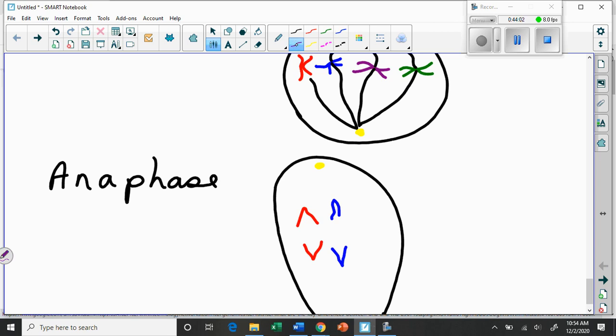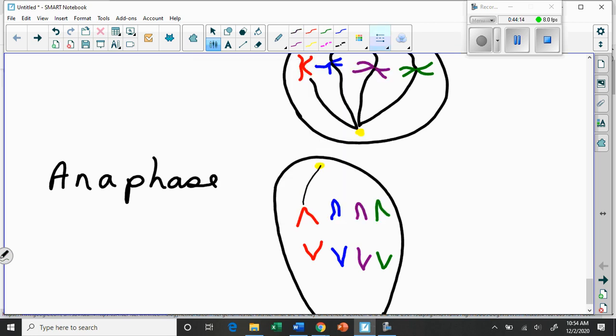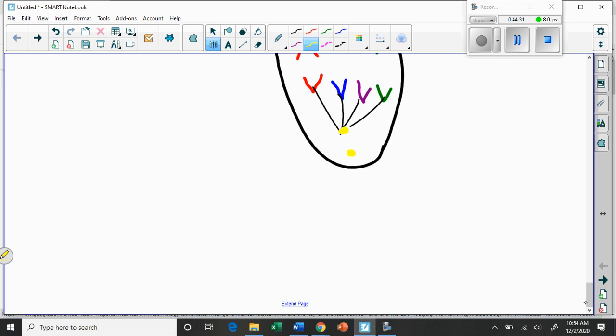And the purple guy, and the green one. They're being pulled by the spindle fibers like this towards the two ends of the cell, and the cell is stretching. So now we've pulled apart the two little copies. See that? And then we move to the last phase, which is telophase.